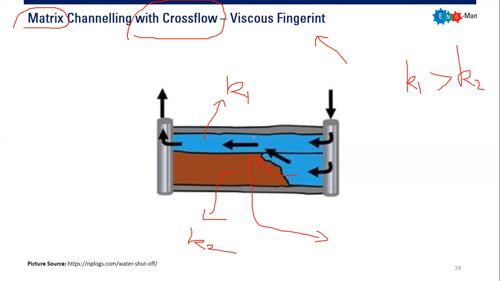Okay, so this is the third thing, matrix channeling with crossflow, viscous fingering. It should be fingering, by the way. By the way, all these cases are not just concepts, not just ideas, they really occur in actual waterflood or water injection operations.